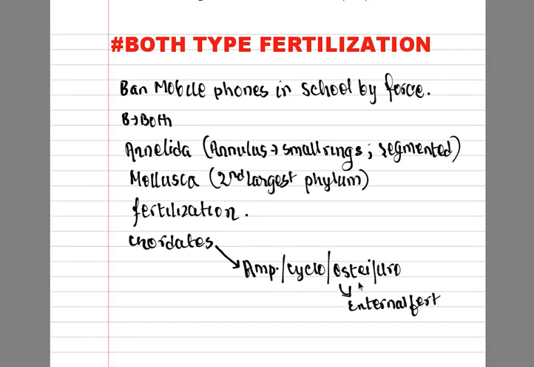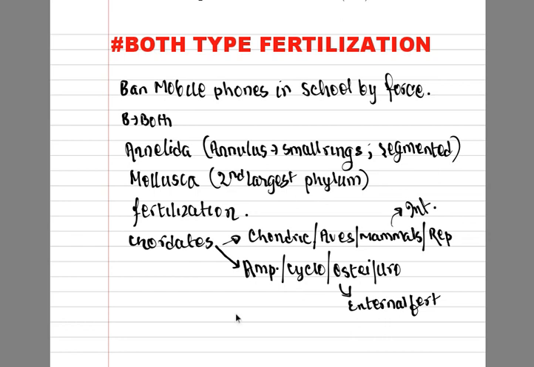But if you take the others, for example, chondrichthyes, aves meaning birds, mammals, for example, human beings, reptiles, they all show internal fertilization. So, chordates are also an example that shows both type of fertilization.